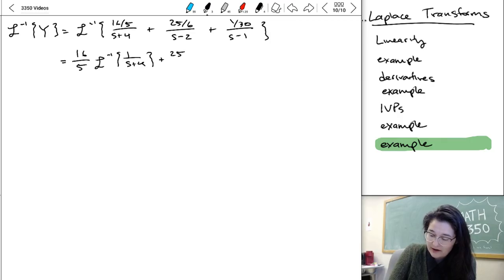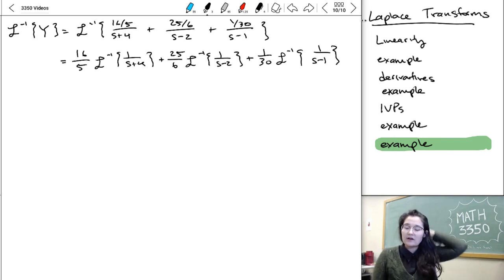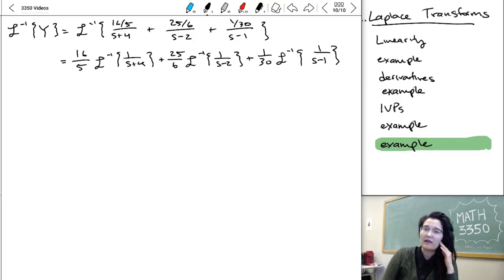Pull out that 25 over 6, think about L inverse of 1 over s minus 2. And pull out 1 over 30 to think about L inverse of 1 over s minus 1. What's nice is that these are all those exponential ones where you don't need anything in the numerator, so we don't have any of that clever balancing to do. But this is when you would check to make sure that you don't have some factorial that needs to be up top, or like the k in a sine function.